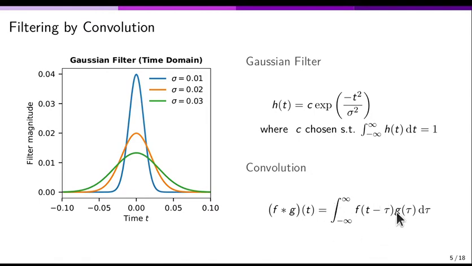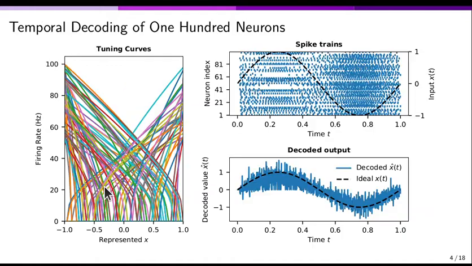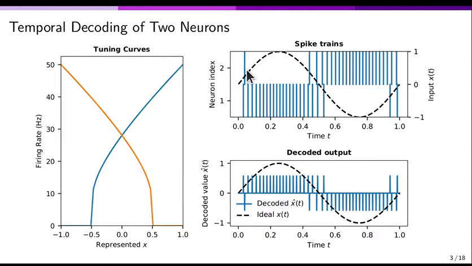The way that gets written mathematically is we're actually computing this function. The other way of thinking of it is we're taking this smooth filtery thing, and every time we have a spike, we're putting one of those smooth filtery things in place of the spike.